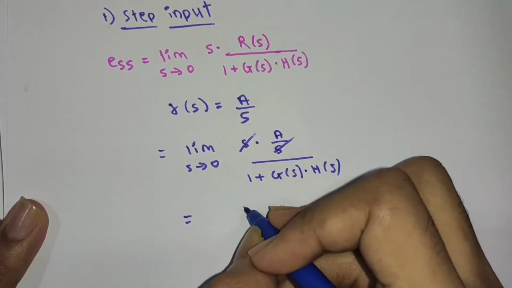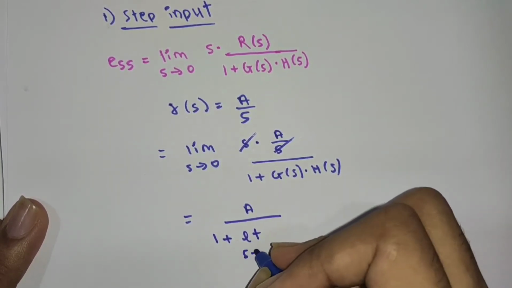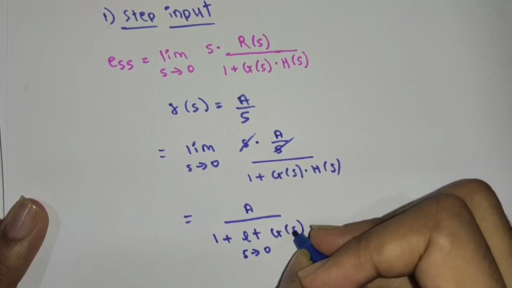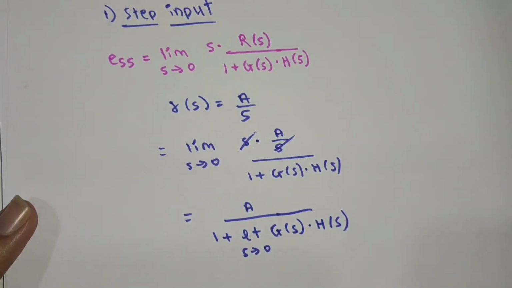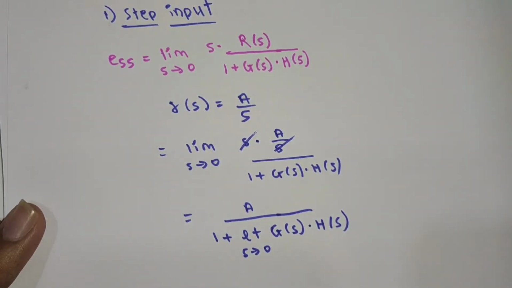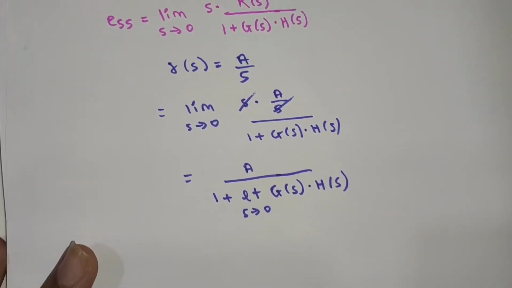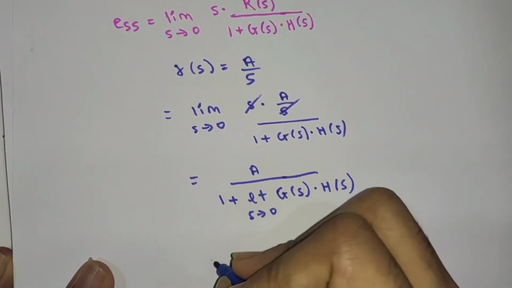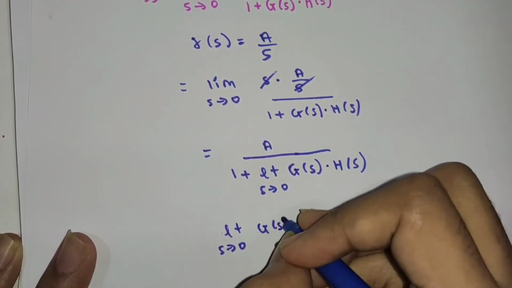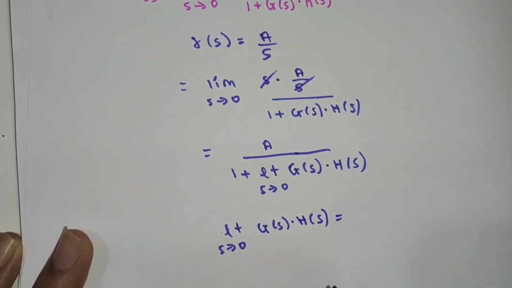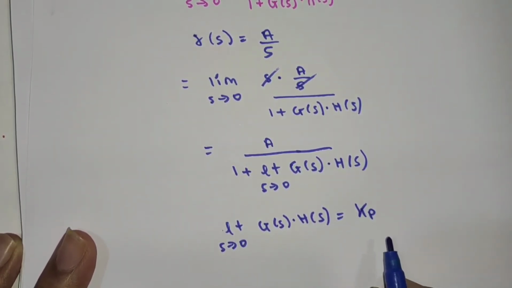So I am going to write it as A upon 1 plus limit S tends to 0 of G(s) into H(s). And now I am going to introduce you to a new term, which is called the position error coefficient. This limit S tends to 0 of G(s) into H(s) can be written as KP, and this KP is the position error coefficient.